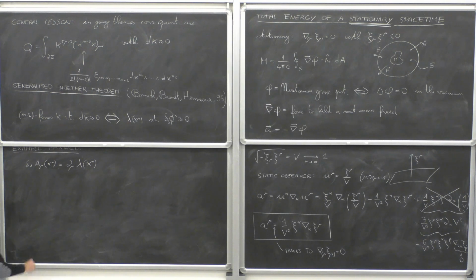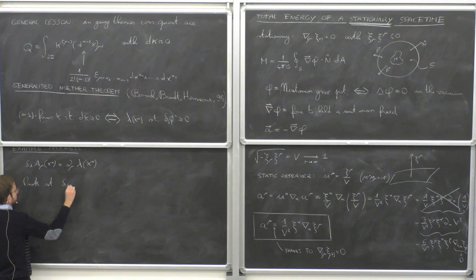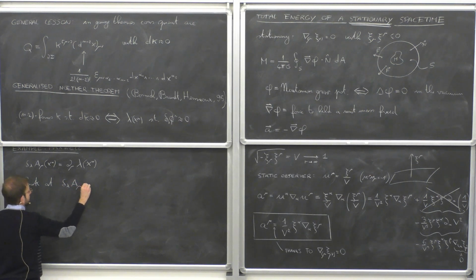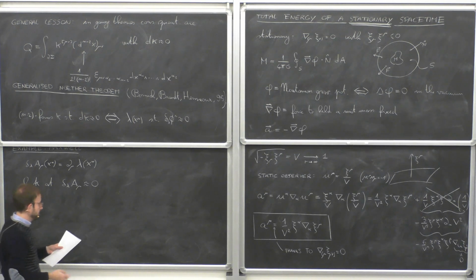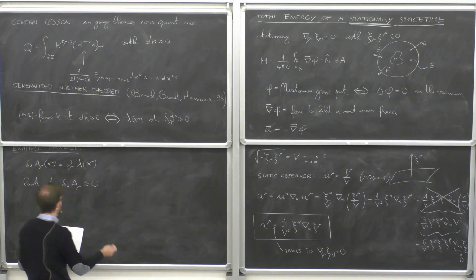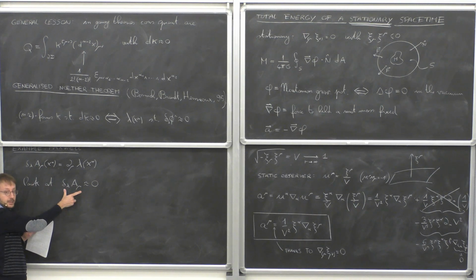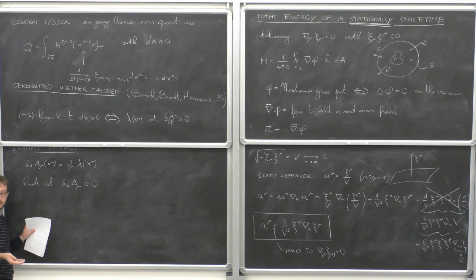And now I have to look at the transformations such that delta lambda A mu is equal to 0 on shell. But what are these types of transformations that preserve the gauge potential? So here I have a derivative. Essentially, I have constants plus transformations that are equal to 0 on shell, gauge parameters that are already equal to 0 on shell.